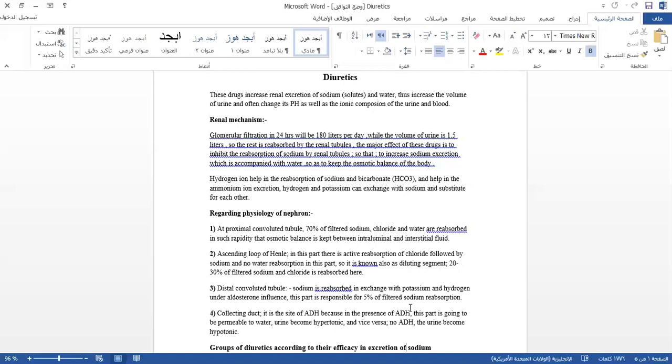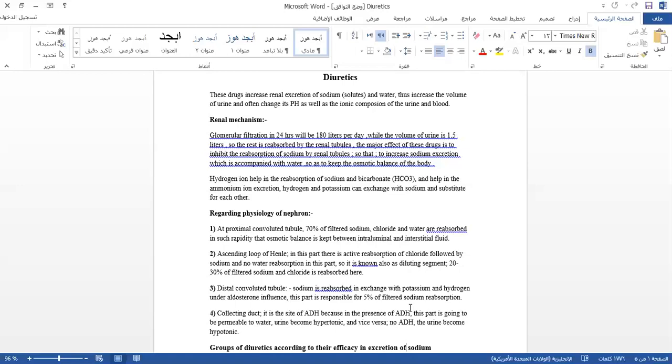Because chloride and sodium are reabsorbed actively without water. So it makes the urine hypotonic or hypoosmotic, diluting the urine. So it is called the diluting segment of the ascending loop of Henle, in which 20 to 30% of filtered sodium chloride is reabsorbed.